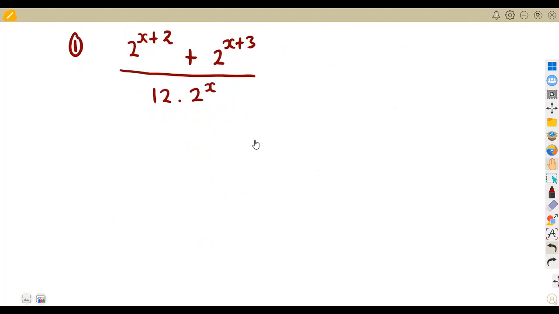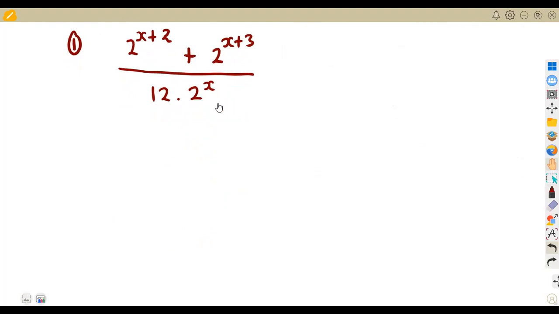Now, I want you to consider this. You are adding here. Whether you are adding or subtracting, it tells you that there is a need to factorize what is common between these two.